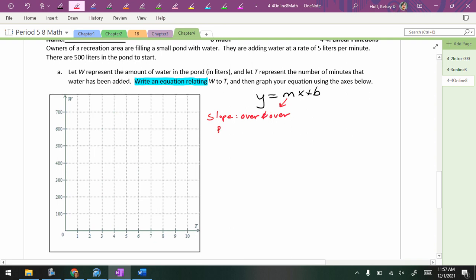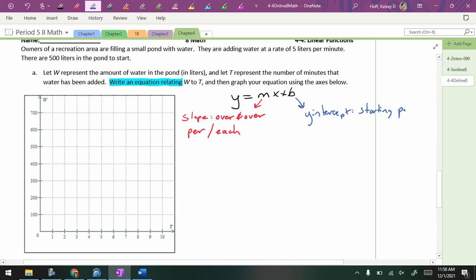We're going to look for the words per and each. Per and each tell you that over and over that's happening. B stands for your y-intercept, which is like your starting point or a one-time fee.